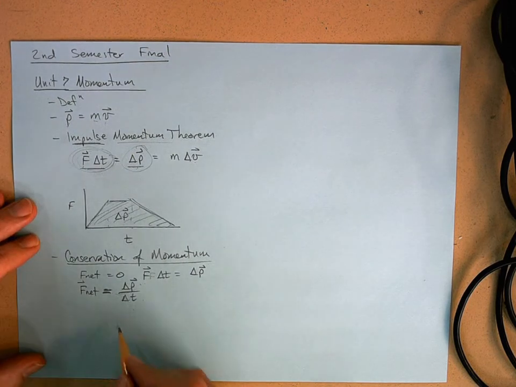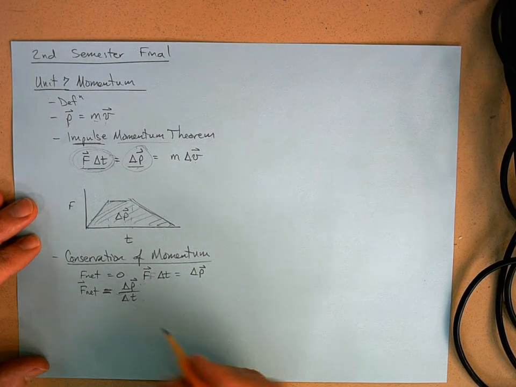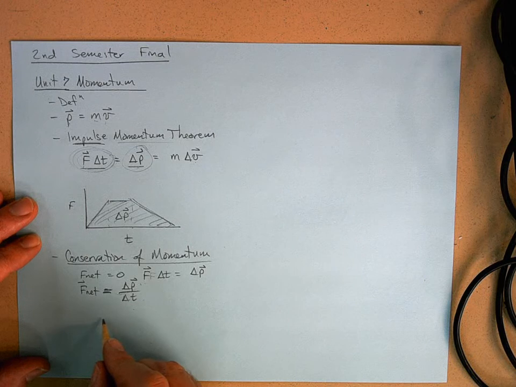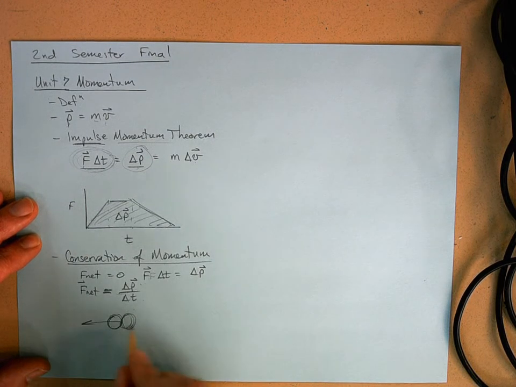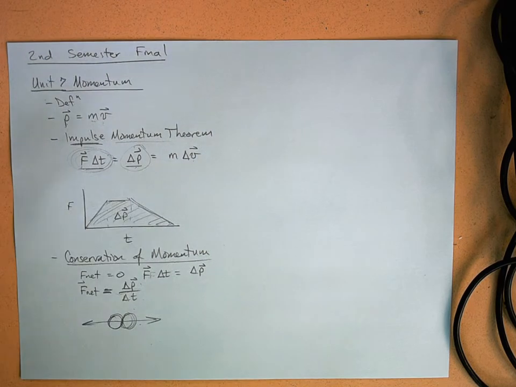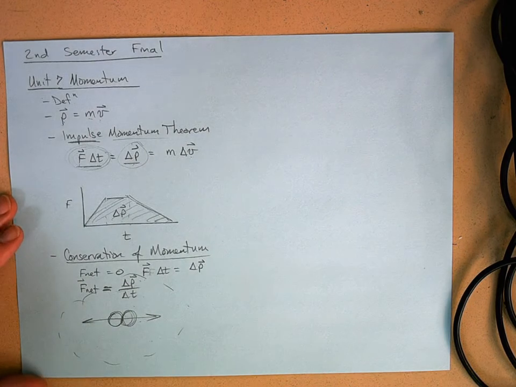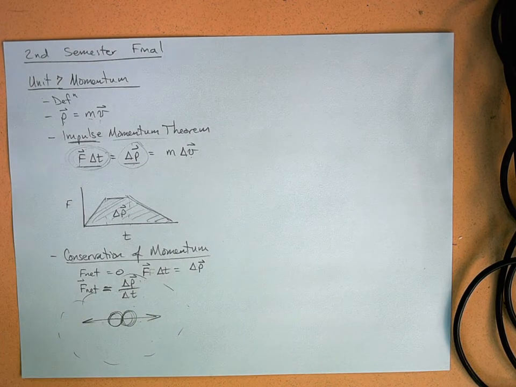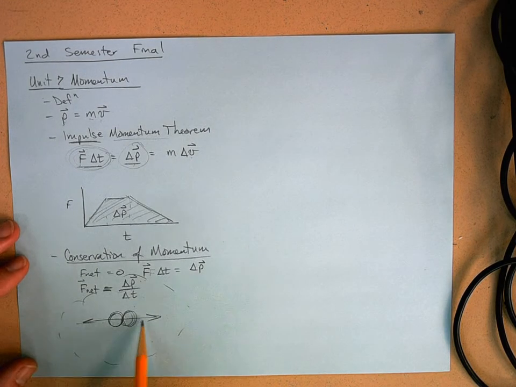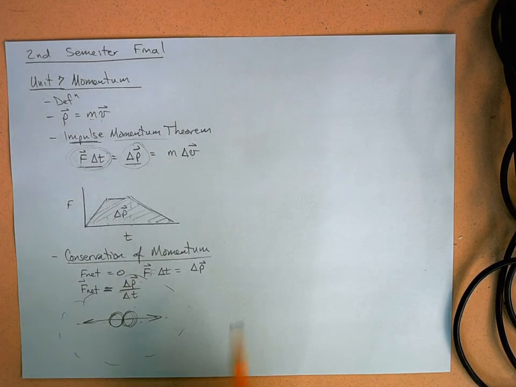Now, under what circumstances can that occur? Well, let's say two objects collide. Remember when we said that two objects collide, bam, they hit each other with equal and opposite forces for exactly the same amount of time. If you look at this as a system, as these objects collide, there is no net force on your system. This force would serve to cancel this force as far as your system is concerned, and you're not changing the momentum of the whole system.